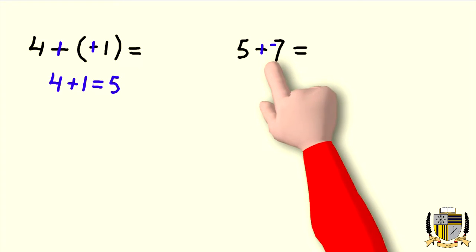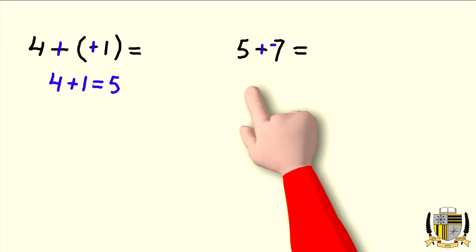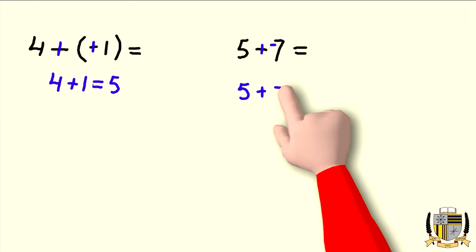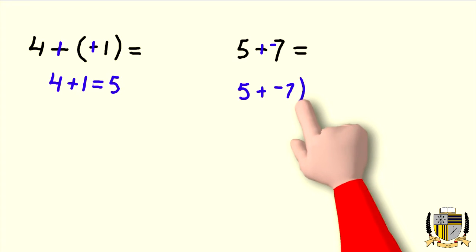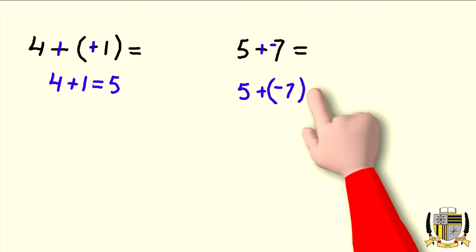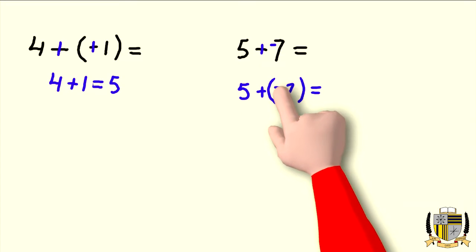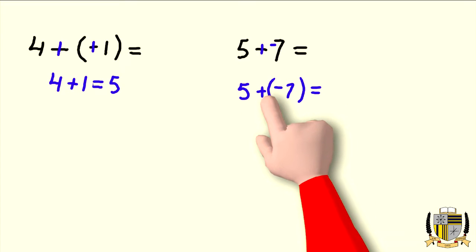And now we're going to apply the addition rules. So guess what we have now? Let me write this. Now we pretty much have a 5 plus a -7. So now we're back to addition rules. We converted from subtraction to addition, and now it's addition rules.